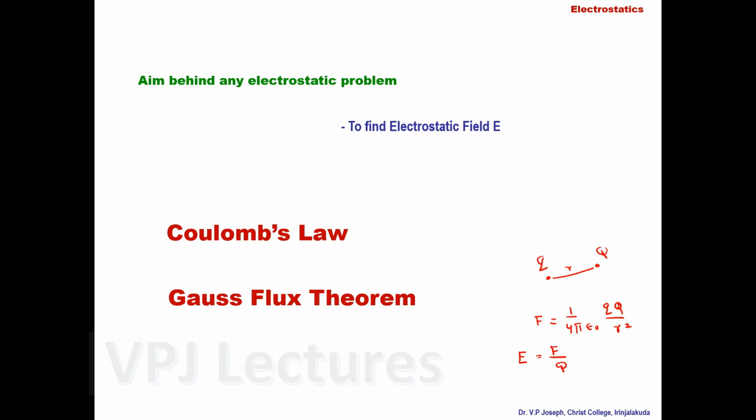We can see that this equation, closed surface integral E dot ds is equal to Q by epsilon 0, is of very much importance. This is the basic form of Gauss flux theorem. It is very important for certain specific cases having some symmetry. We know that for a point charge, there is a spherical symmetry for the field distribution.